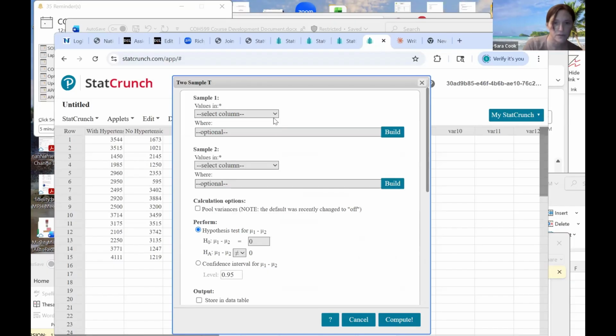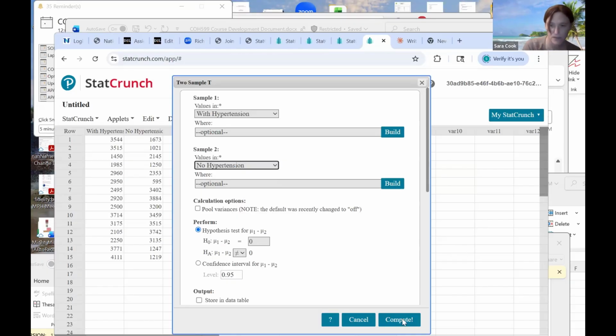I'm going to go ahead and put the with hypertension as group one. Doesn't really matter which one we put. The reason why it might matter is we're subtracting one from the other when we calculate the difference in means. And we have to keep that in mind when we look at what the difference is.